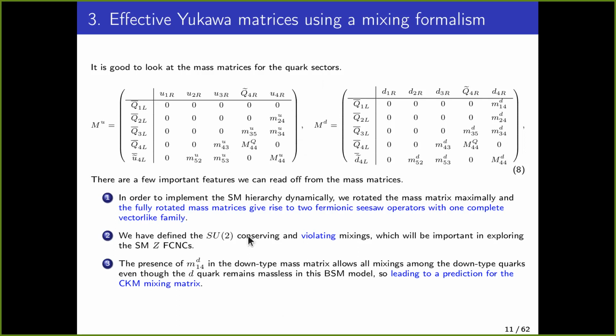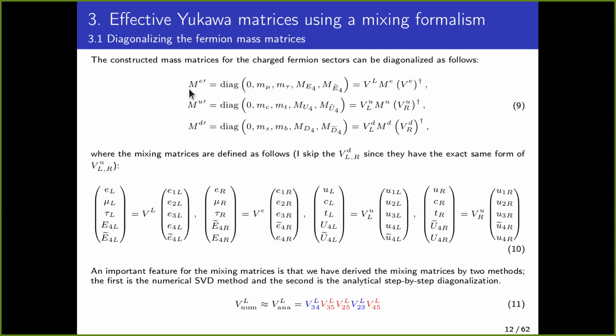So this mixing matrix can be diagonalized in this way using the left and right mixing matrices, similarly for the up sector and the down-type sectors. All of the first generations remain massless in this BSM model. You can see we can diagonalize the second and third generation of the standard fermions while predicting the mass scale of the vector-like doublet and singlet, for the charged lepton, up-type quarks and down-type quarks.